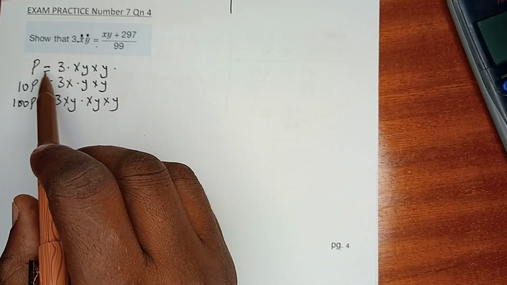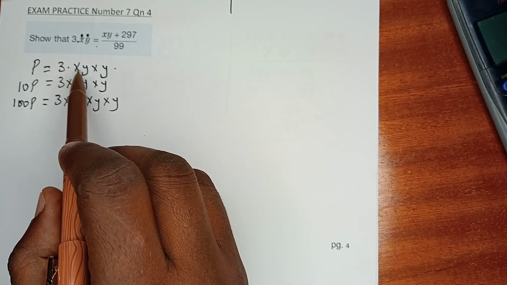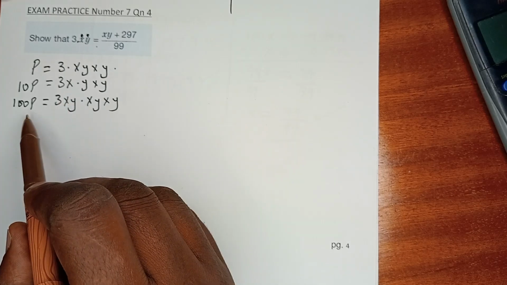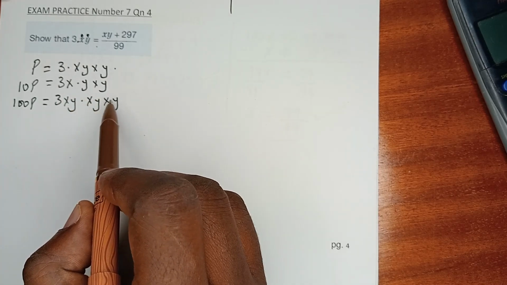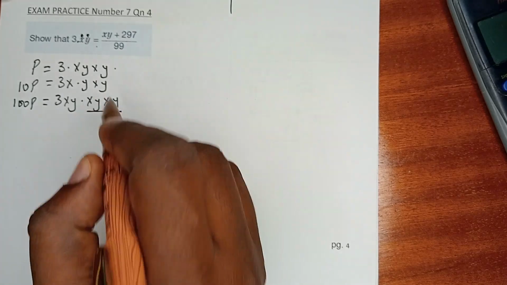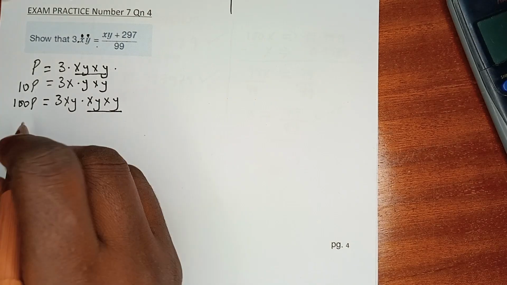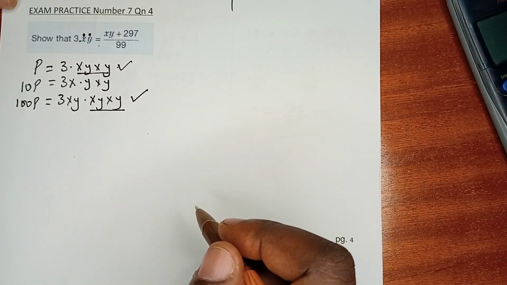The original number p is 3.xyxy, and 100p is 3xy.xyxy. So this part and this part are identical, and we have to deal with this in an attempt to look for their differences.